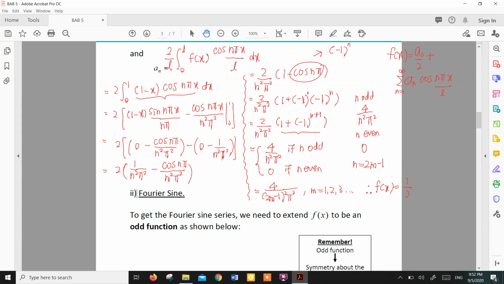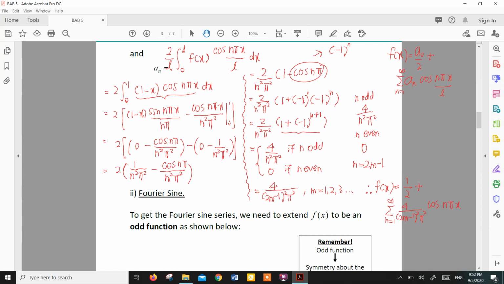So 1 over 2 plus, hopefully you can see my handwriting here, plus the summation of n from 1 to infinity. an is equal to this one: an is equal to 4 over (2m minus 1) squared pi squared times cos(n pi x over L). L is 1.